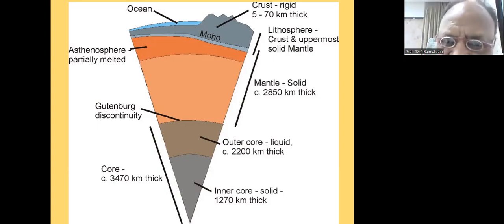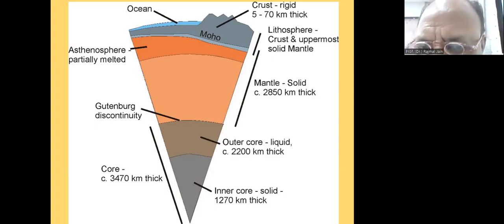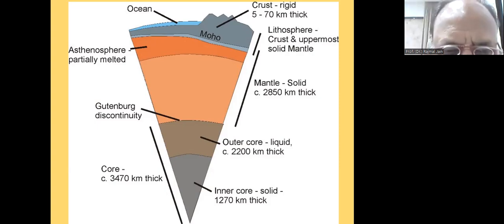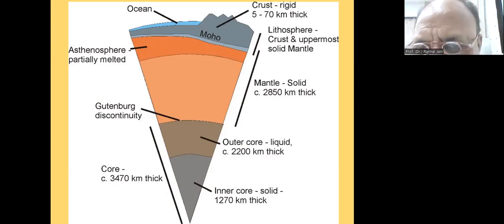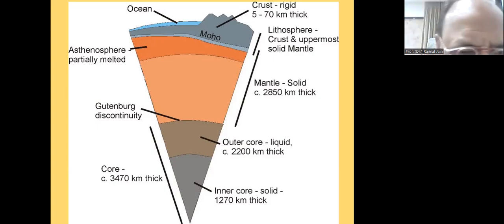But as soon as you go below this 2,850 kilometer thick portion, you come across an important portion, the core. And the core is divided into two divisions, the outer core and the inner core. And just above the outer core, at the bottom of the mantle, there is the Gutenberg discontinuity.